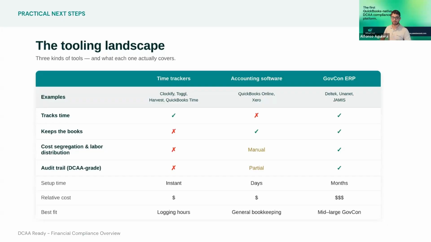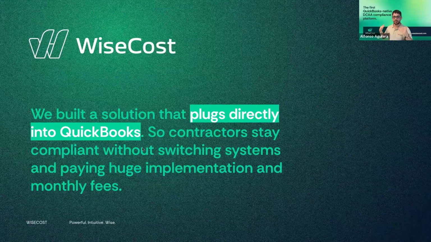Then you have regular time trackers, which can be in a DCAA mode, with only the logs and the approval processes, but they lack the ability to run the labor distribution, which, as Sarah mentioned, is one of the key pieces of DCAA-compliant processes. And then you have accounting software like QuickBooks Online, which is great, but not prepared for a compliant audit.